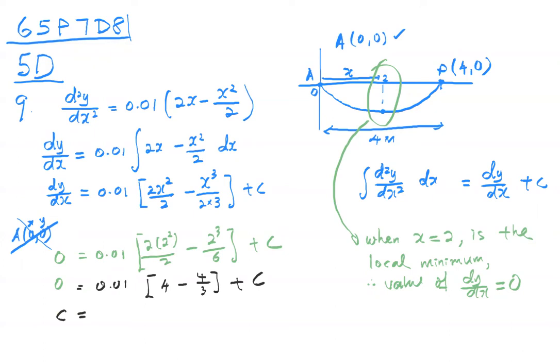So my c will be equal to 8 over 3, 8, negative 0.01, 0.01 divided by 3. Two over 75. Negative 2 over 75, correct?